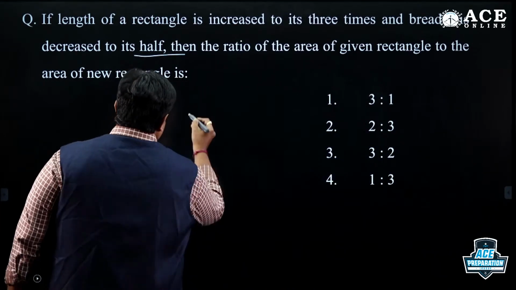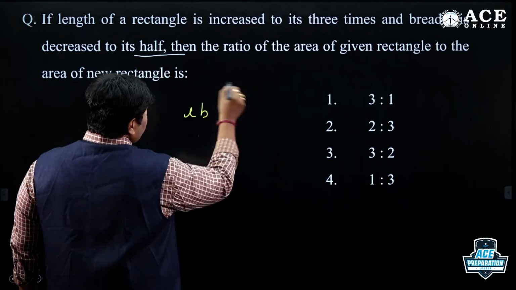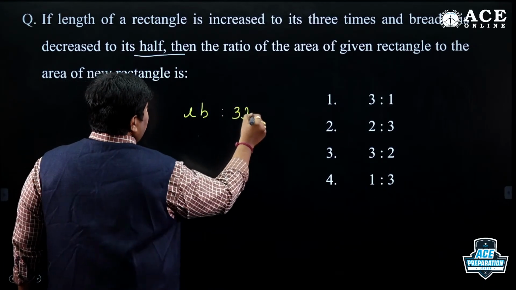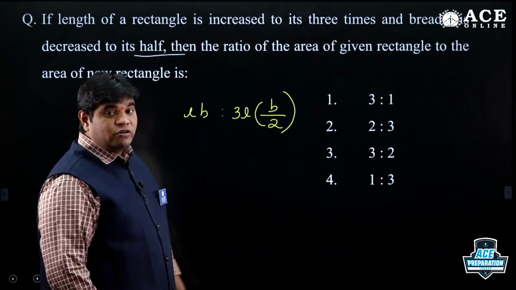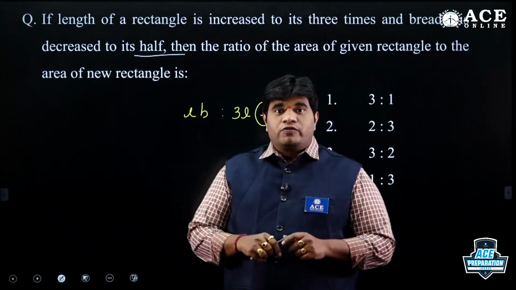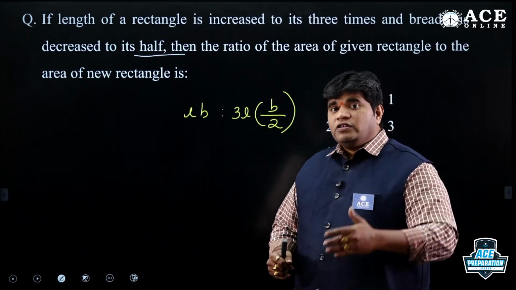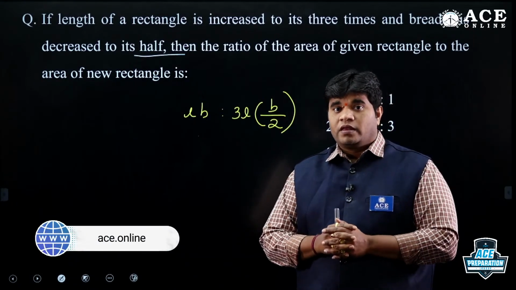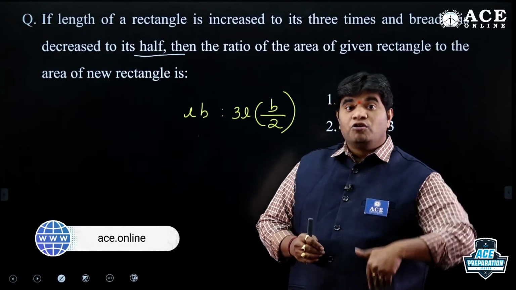So originally the area is L into B, is to the new: length increased 3 times, so 3 into L, breadth is half. This type of questions, friends, I observed from the last 4-5 years' papers; recently this type of question was repeated 3-4 times. Old area and new area ratio, old volume and new volume ratio.